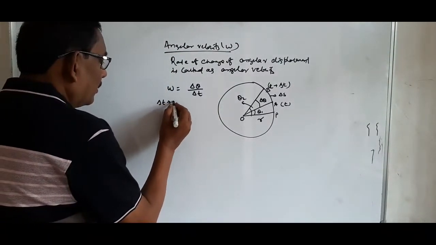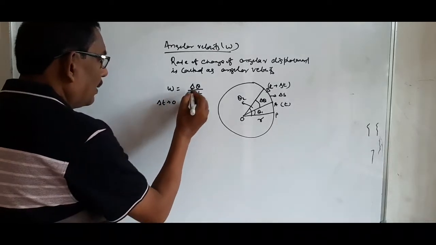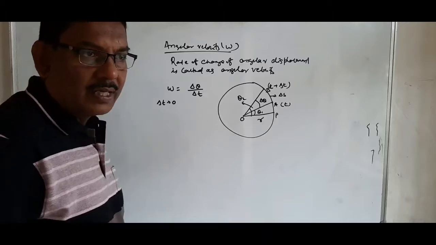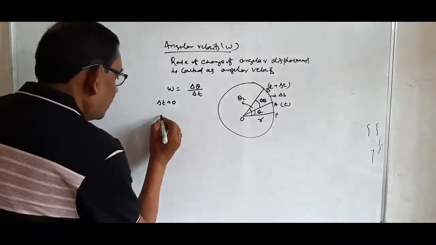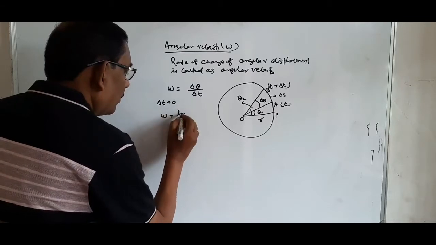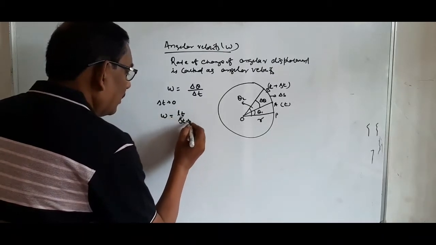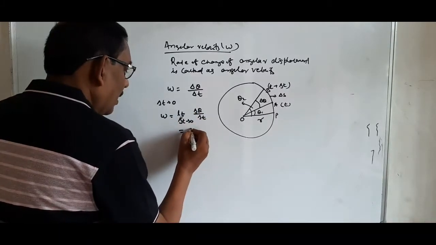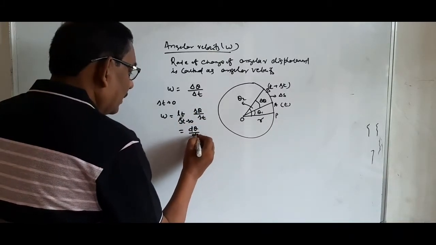When delta t tends to 0, the limiting value of the average angular velocity is called the instantaneous angular velocity. Here, in that limit delta t tends to 0, delta theta by delta t becomes d theta by dt.